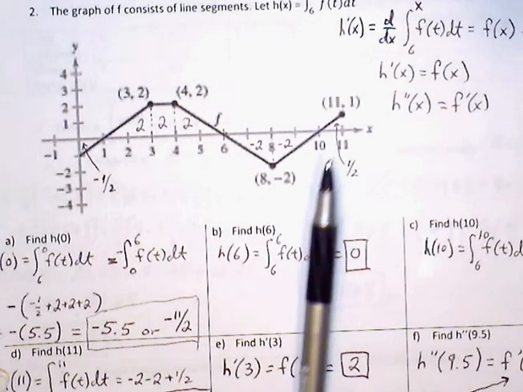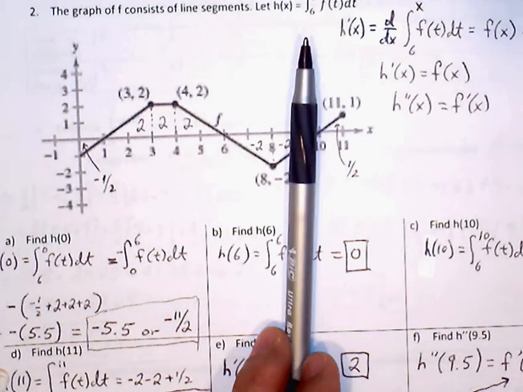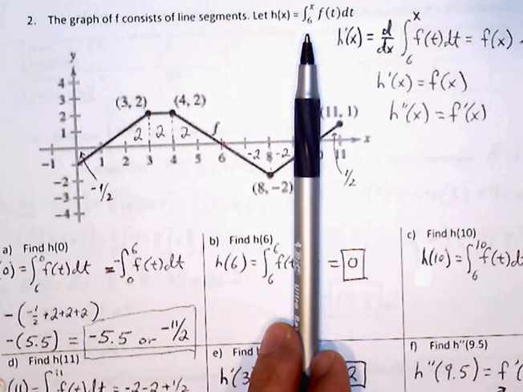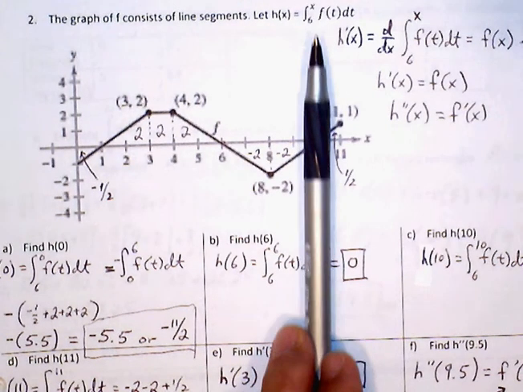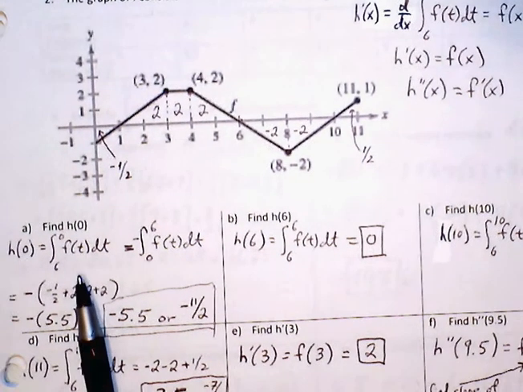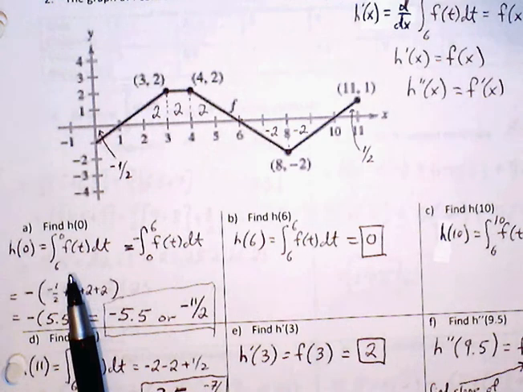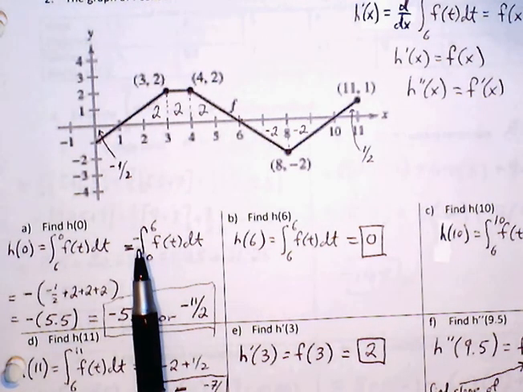Okay, so part A, find h of 0. So for h of 0, we go back to our definition of h of x. So the definite integral from 6 to, replace x with 0, of f of t dt. And we want the lower bound to be the smaller value. So I'm going to flip the upper and lower bound, pull the negative outside.